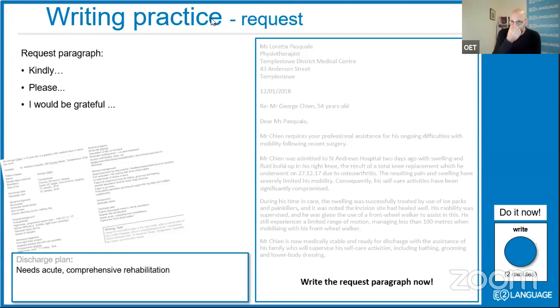This is not the case in this letter. The more substantial paragraphs are in the middle of the letter. Some letters have quite long, quite wordy request paragraphs because you're asking 3, 4, sometimes 5 things of the reader of the letter. So whether you're a doctor, a nurse, an OT, a physio, introduction and request are both essential.